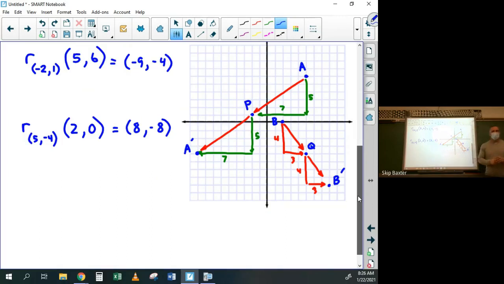Questions? So there's two types of problems on the homework. There's reflections over lines, and they're either going to be vertical lines or horizontal lines, or lines of slope 1 or lines of slope -1. It's difficult to reflect a point over a line that doesn't have a slope of 1 or -1.